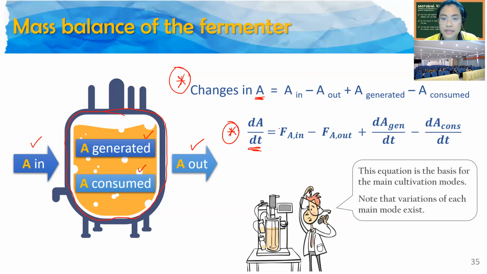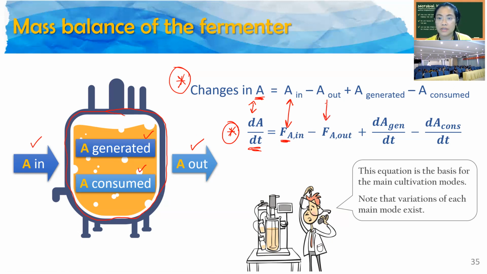Okay, let's continue. The change in A is dA/dt, which is the A kinetics, the rate of change of A, something we talked about before. A in has to be the flow in, so it is the flow rate of A that goes into the fermenter.